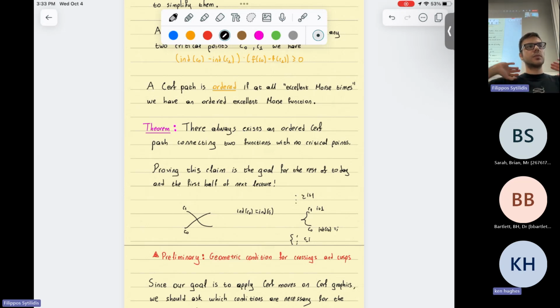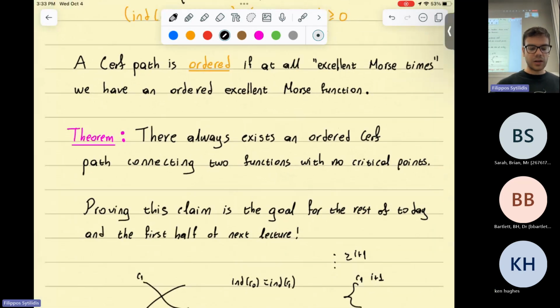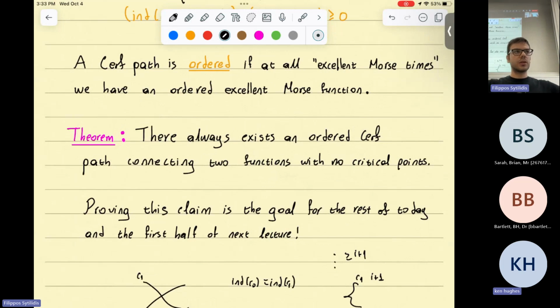Remember that our eventual goal is to get to a place where if you give me two functions with no critical points, under some conditions on the underlying manifold, I can connect them by a path of functions without critical points. And I'm trying to get us into a program that will get to this result. And so the first step is this theorem.